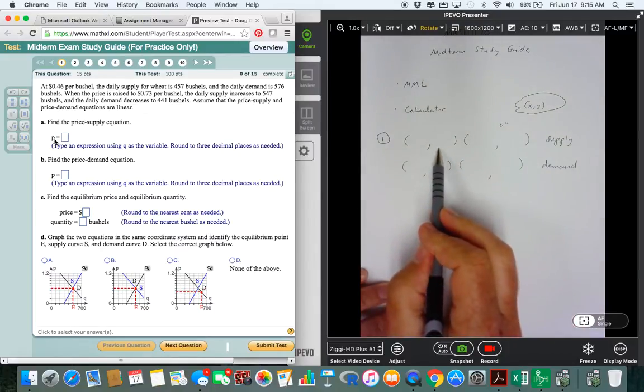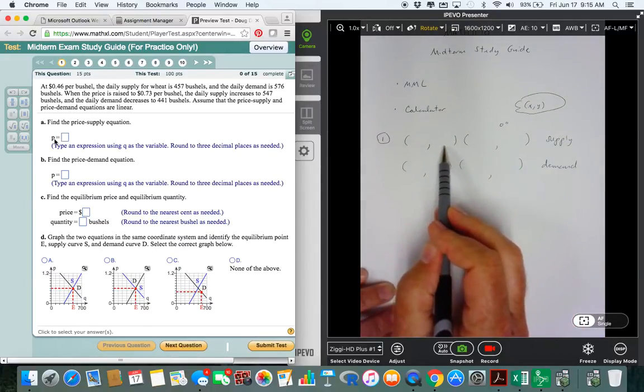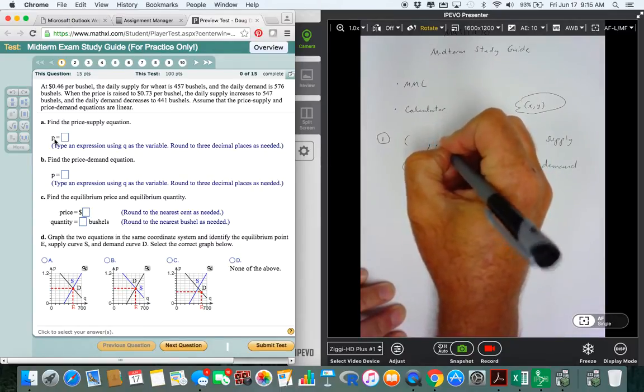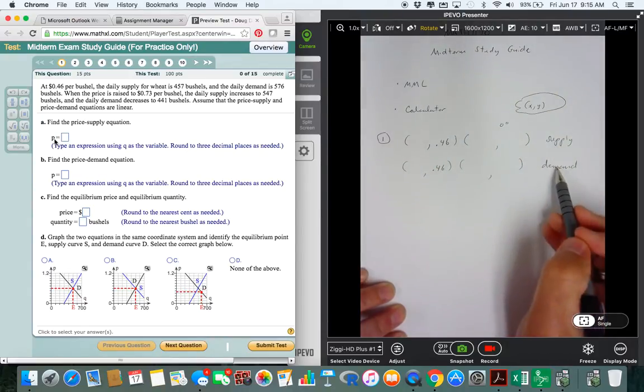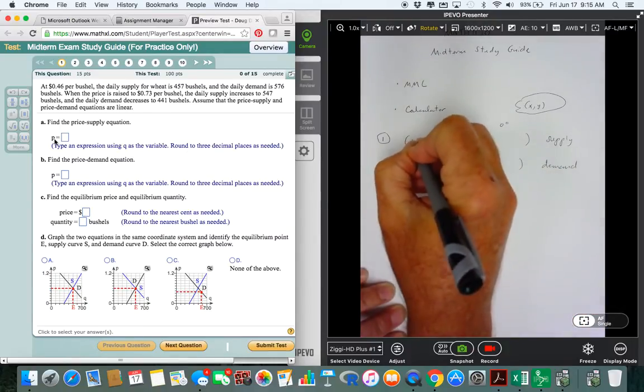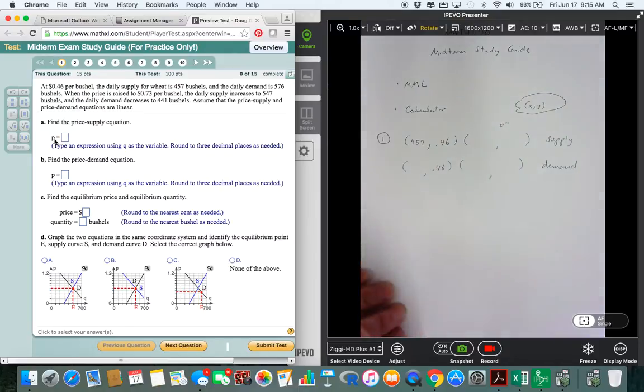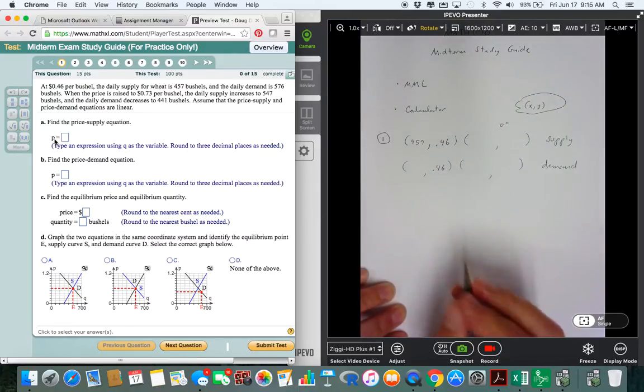So my price needs to go in the second part of the ordered pair. So the 0.46 values for the supply and demand are given for both of those. Well, it turns out it's 457 for the supply, and you can see it's 576 for the demand.